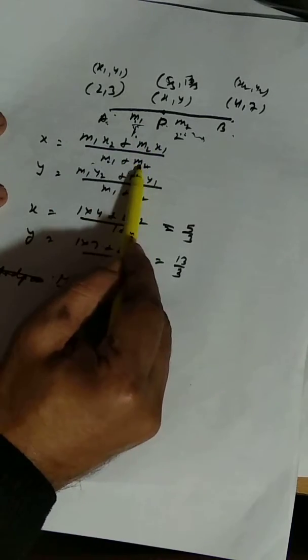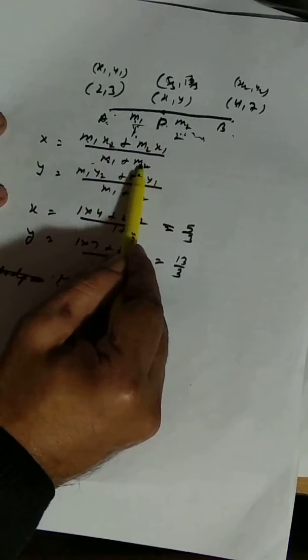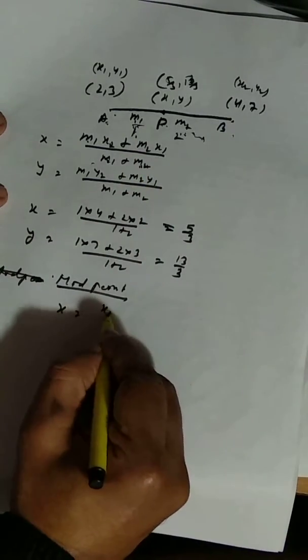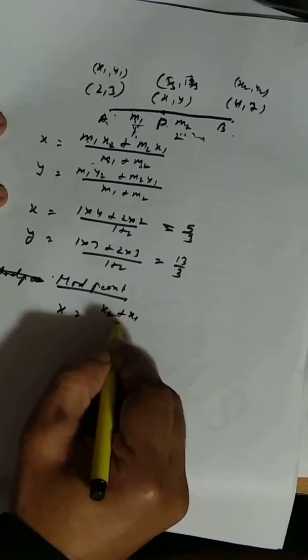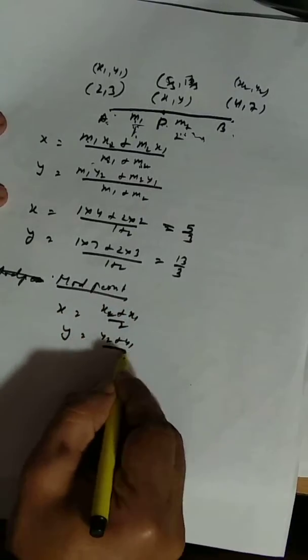So it will be 1 into x2, 1 into x1, upon 1 plus 1, that is 2. So for the midpoint x will be x2 plus x1 upon 2, and the same way y will be y2 plus y1 upon 2.